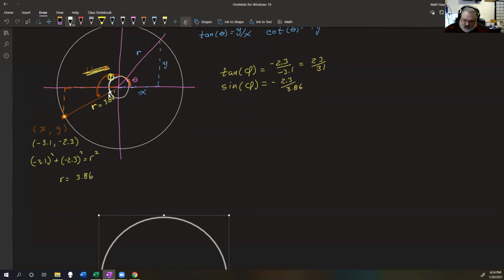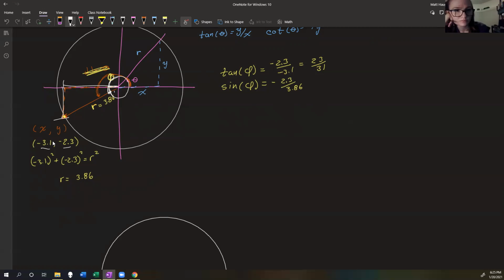This point wouldn't go all the way out to 3 and down 2, but however far it goes out and down would have to be in the same ratio as that 3.1 and 2.3. Does that make sense? Yeah.